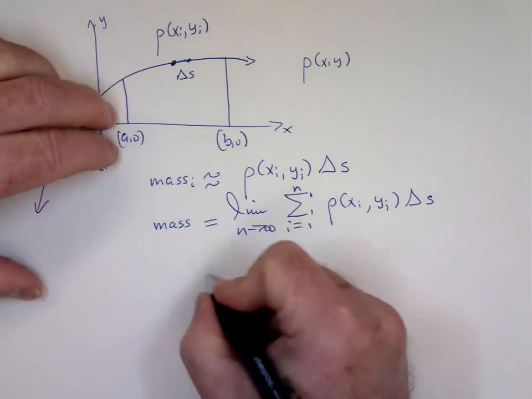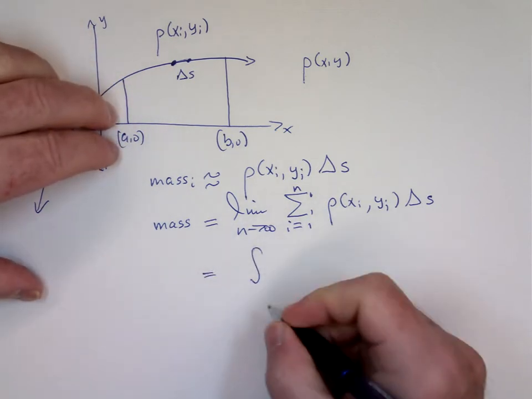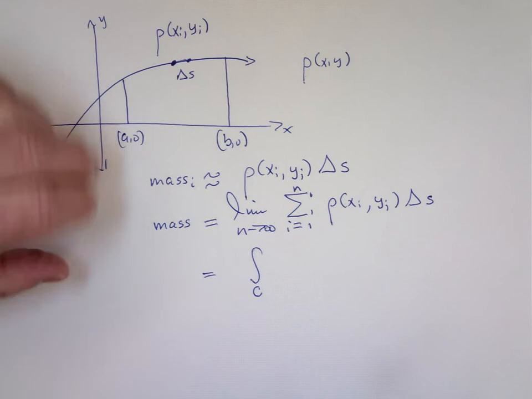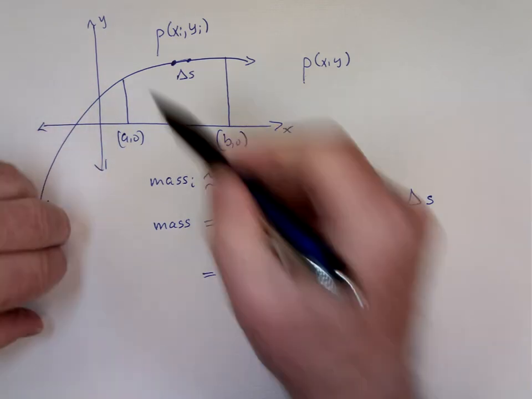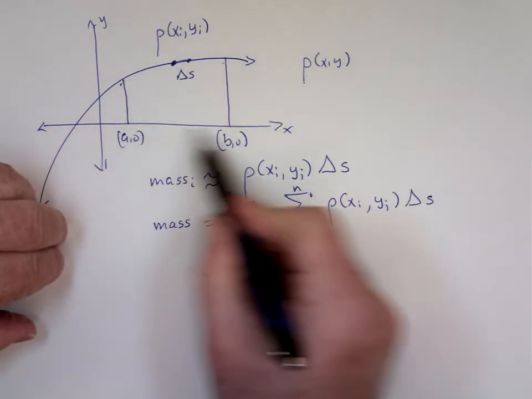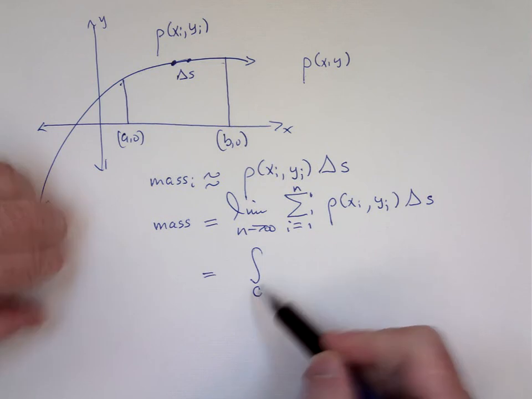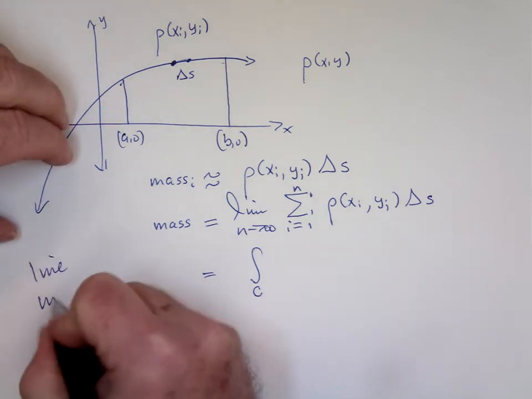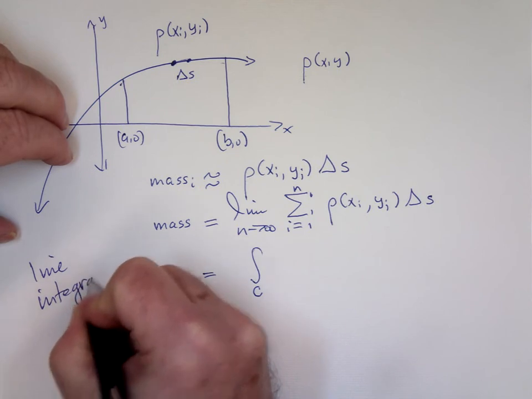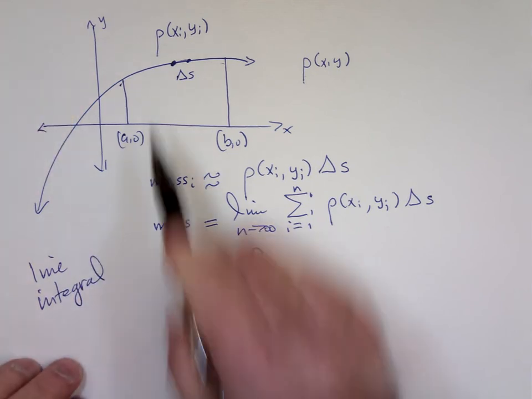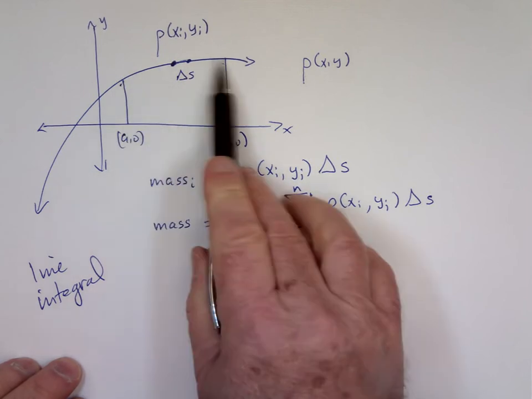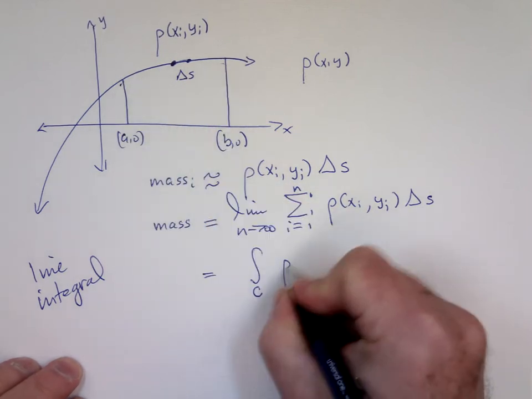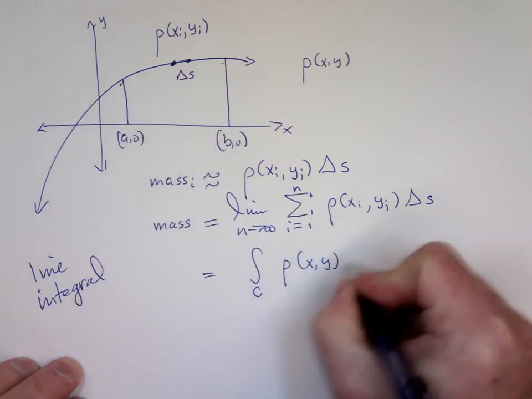This mass is the integral over this curve, not to the x-axis, but over the curve. That's why this is called the line integral. Like I said, it's unfortunate that it's called a line integral, but it is. It's the integral over this curve of the density function ds.